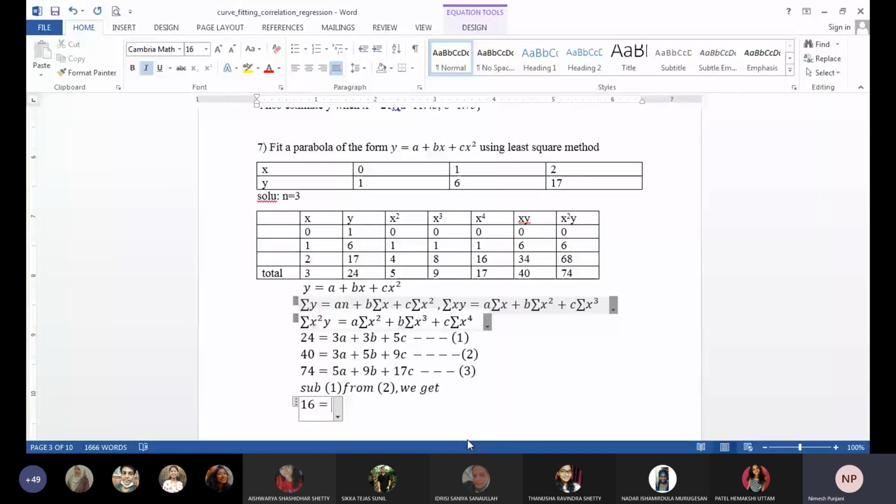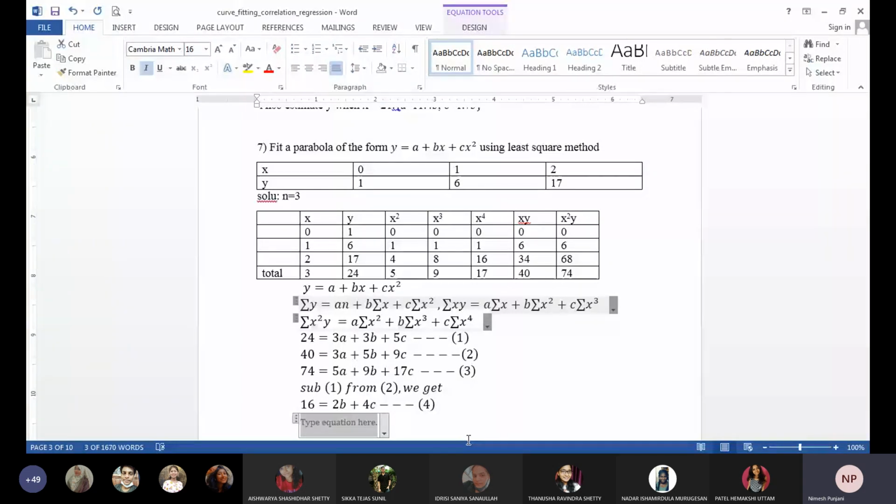So the equation we get will be our equation 4. What did we do? From equations 1 and 2 we eliminated a. So we get an equation in terms of b and c.